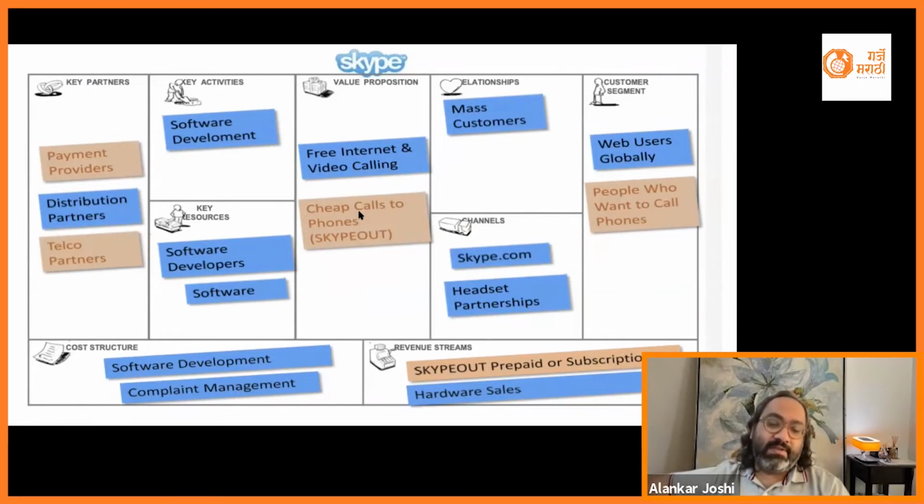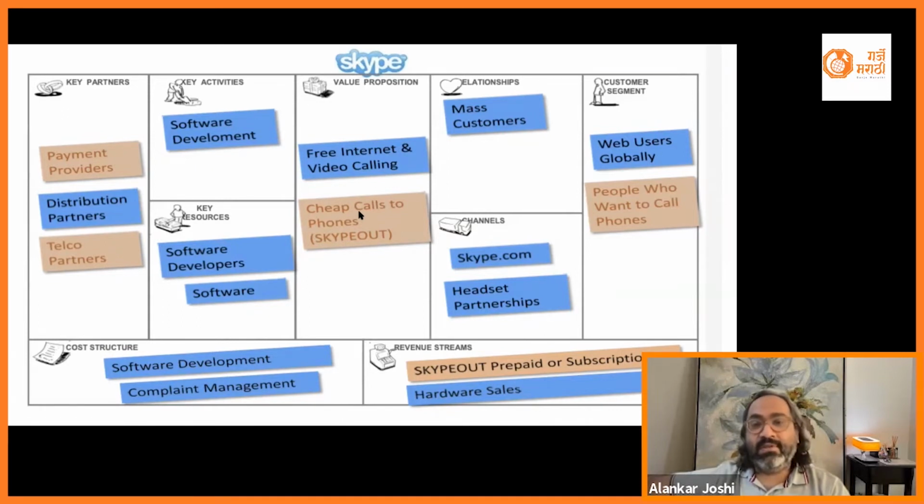So they developed, or they leveraged, this technology, voice over IP, and presented this value proposition to the mass web internet users, right? Free internet and video calling, which was a great way to capture those users who wanted to make calls on the internet.